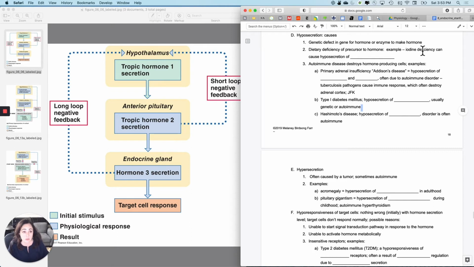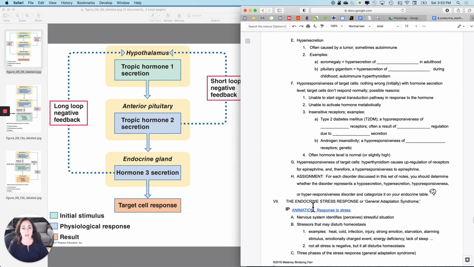So here are two different reasons that you could have a hyposecretion of T3 and T4. The iodine deficiency one doesn't really happen very much in the United States because we add iodine to our salt, but it does happen in some places in the world. Okay, so those are your hyposecretion disorders, and then let's look at hypersecretion disorders.